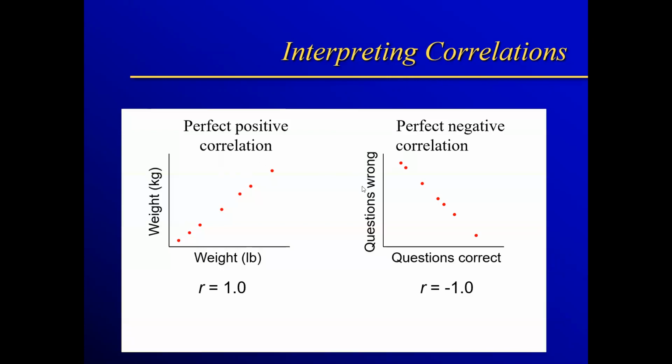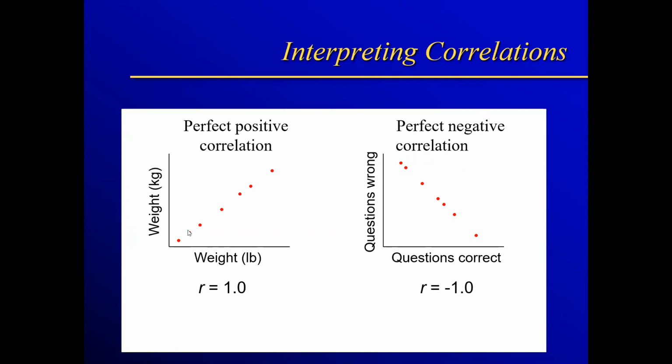Yeah, so let me show you this one. Graphically, this YouTube video, the one I had you watch prior to this, talked about it. This is an example of a perfect positive correlation. We can see this positive slope going up, and this would be an R value of 1. And then the exact opposite, we can see the slope going down. It's a negative slope, which indicates a negative correlation, or an R value of -1.